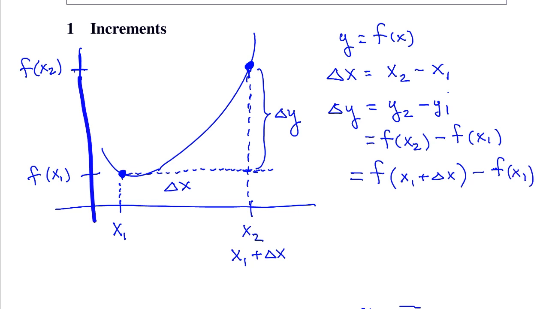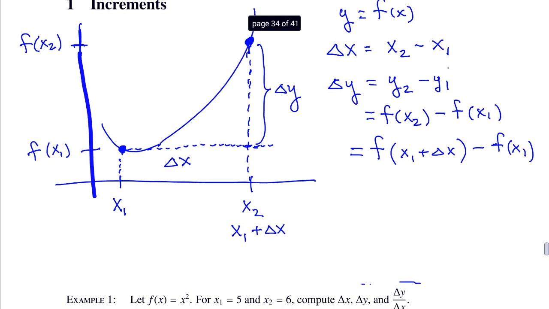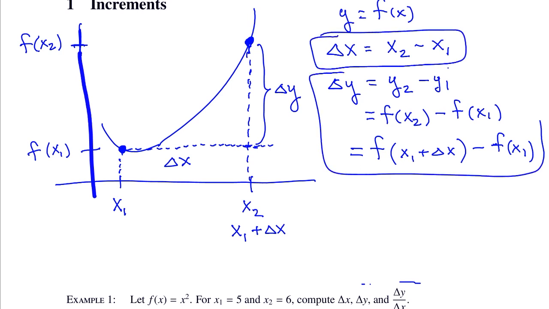Well, what is that starting to look like? That's the numerator of the difference quotient. And playing the role of h today will be delta x. But that's what the h was always intended to represent. It was the distance from one point to another, and in order to get the slope of the tangent line, we took that distance down to 0. All right, so those are some of your basic working formulas. Here's the one for delta x. Here's the one for delta y, and these are called increments.